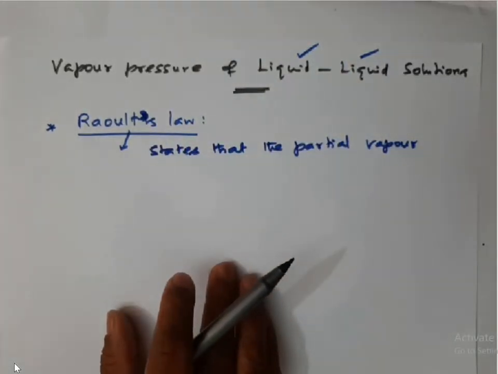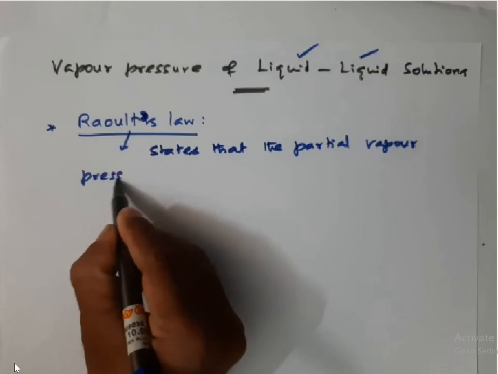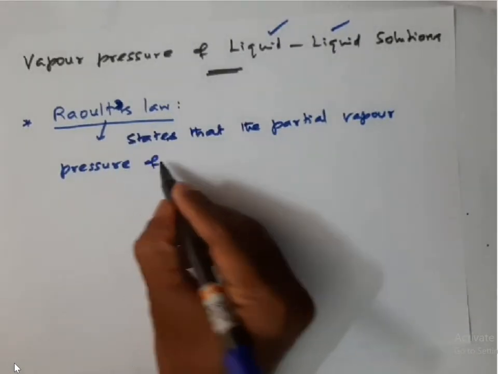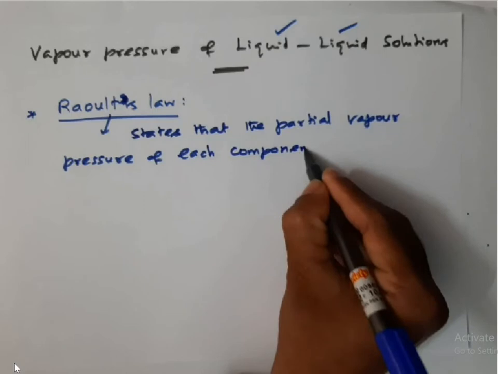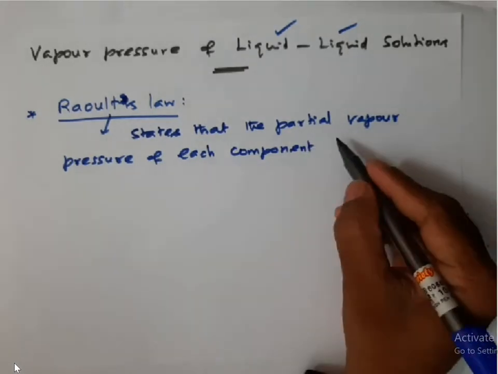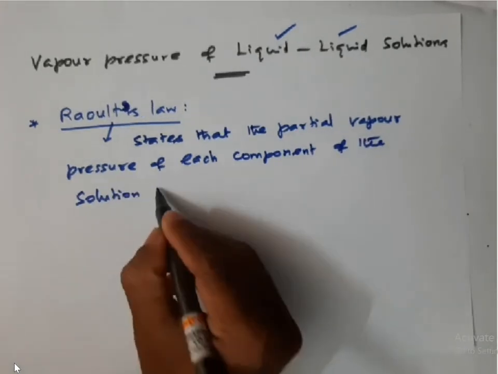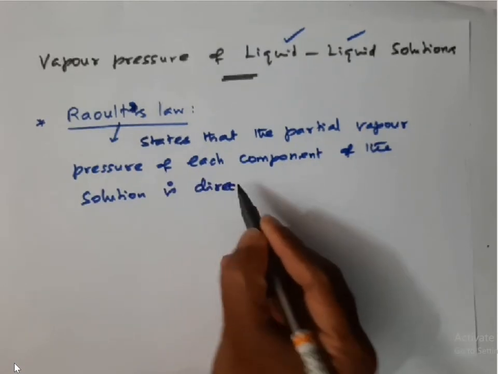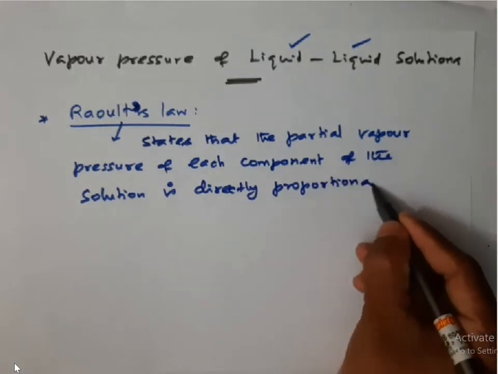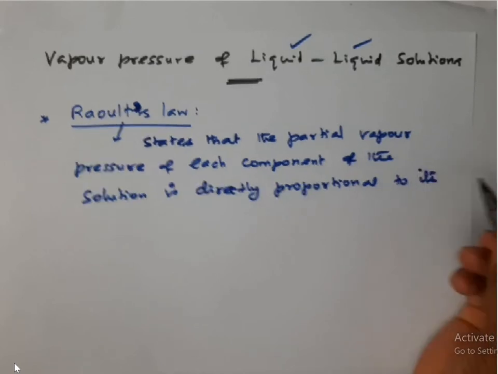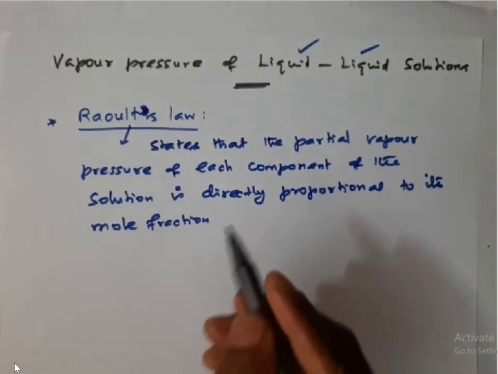So what is Raoult's law? Raoult's law states that the partial vapor pressure of each component of the solution is directly proportional to its mole fraction in solution.